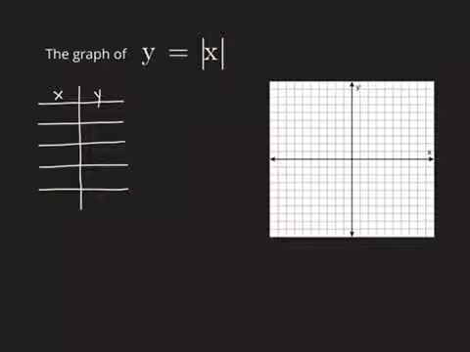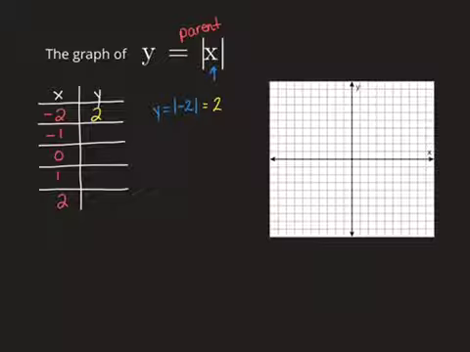Now we're going to do the same thing, but this time with y equals the absolute value of x. Again, this is our parent function. I'm going to use those same x values I used before of -2, -1, 0, 1, and 2, and then plug each one in to figure out y. So y is equal to the absolute value of -2, which is 2.